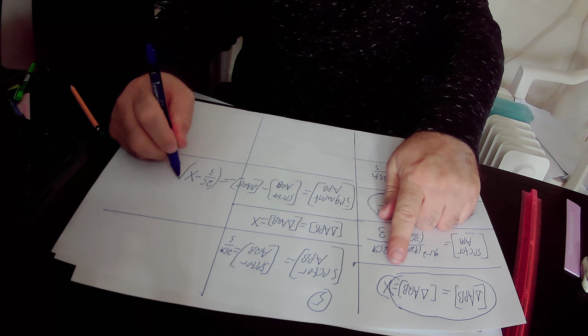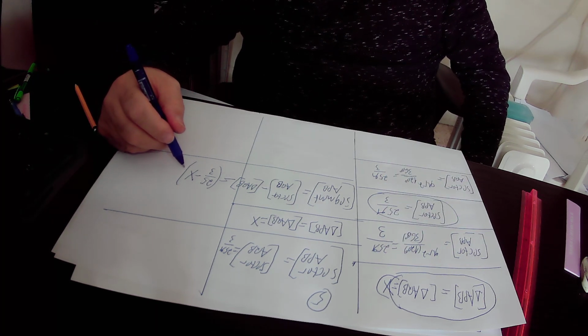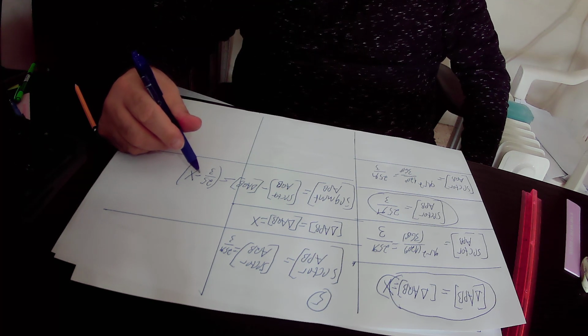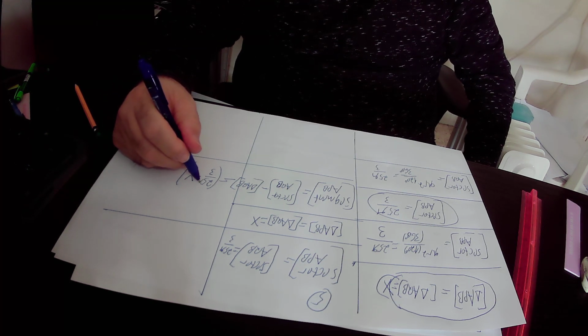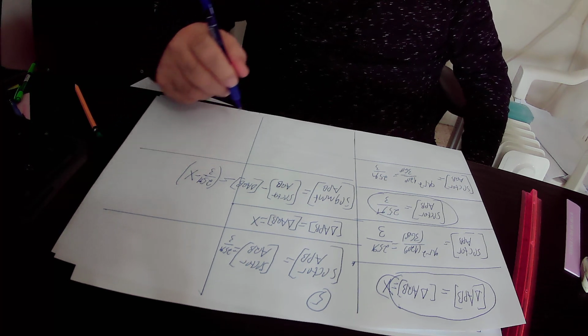So in conclusion, the area of segment APB equals 25 pi over 3 minus x square units.